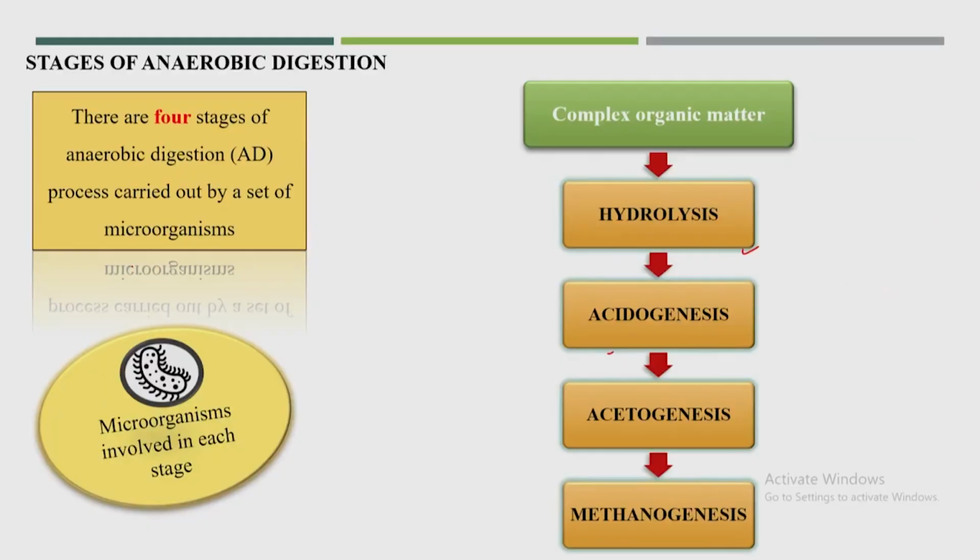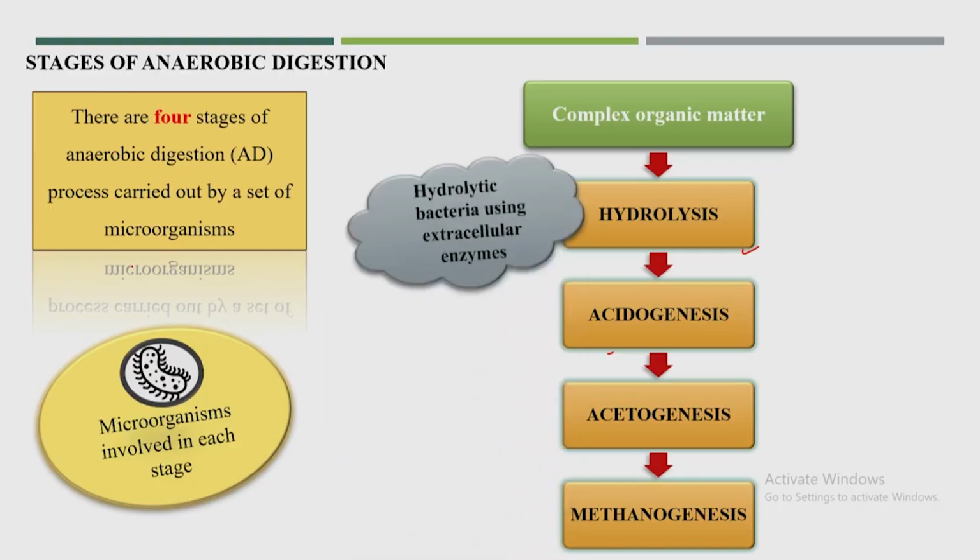So, here you can see that complex organic matter goes through the first stage, hydrolysis, the second stage, acidogenesis, the third, acetogenesis, and the fourth, the methanogenesis stage. In hydrolysis, hydrolytic bacteria using extracellular enzymes are involved.